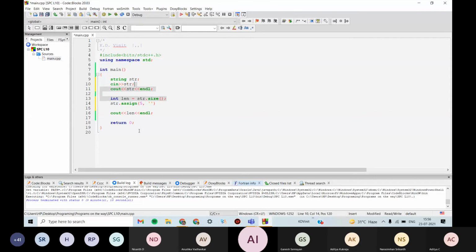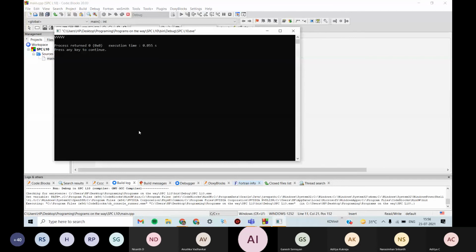I will not input it now, and I will directly assign it. Let's say I assign it. Now I will use cout str. I'm not used to assigning things quite a lot, but yeah, let's see if it works.